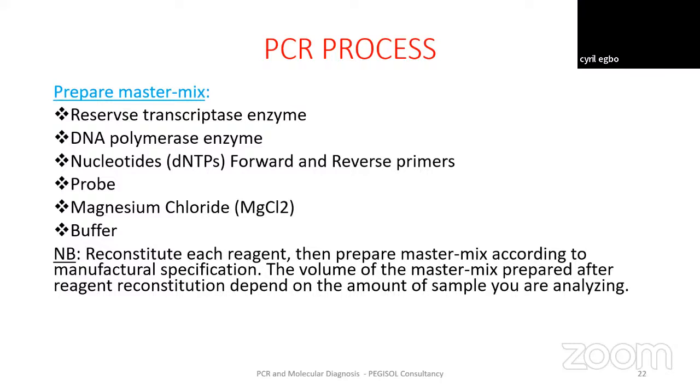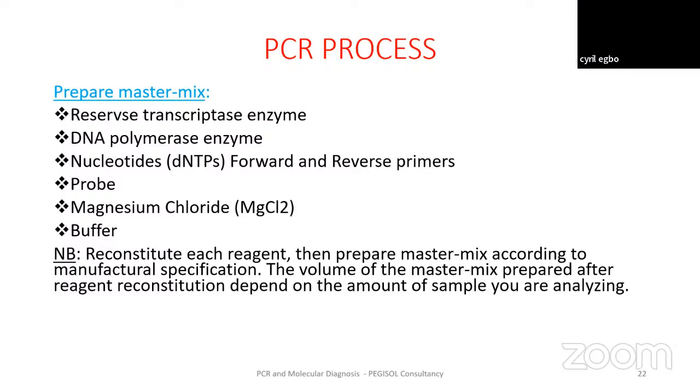It means they are not viable. They are just dead TB. I'm just using it as a case study in this illustration for this amplification. So the same thing is what is happening here. You are actually making many copies that can be detectable by the machine.